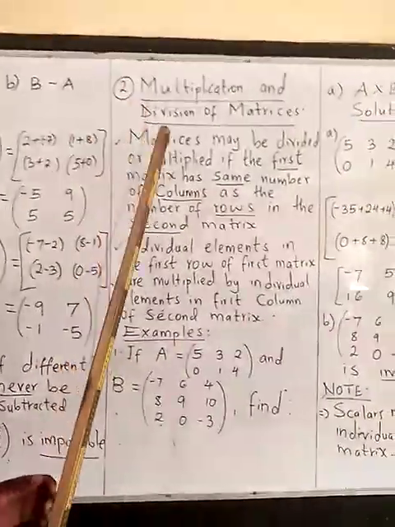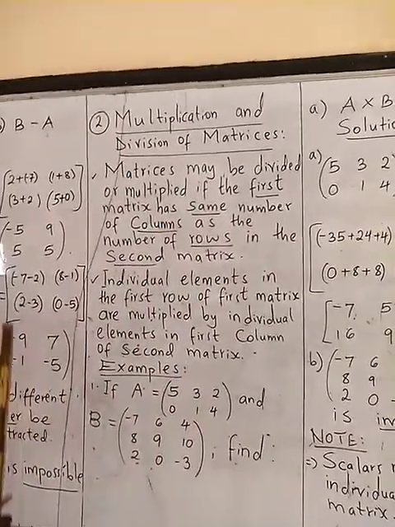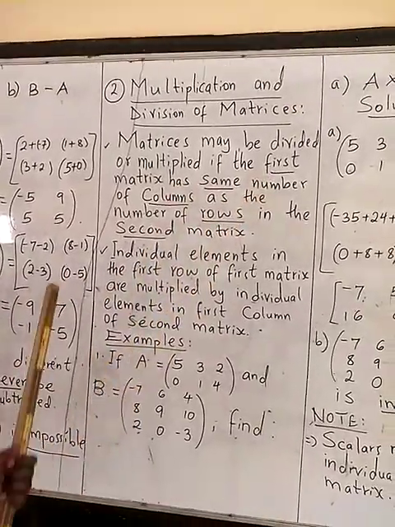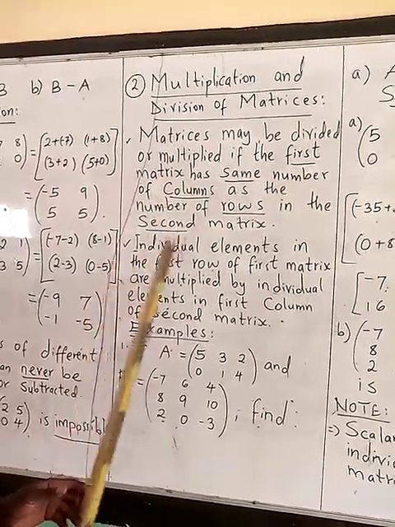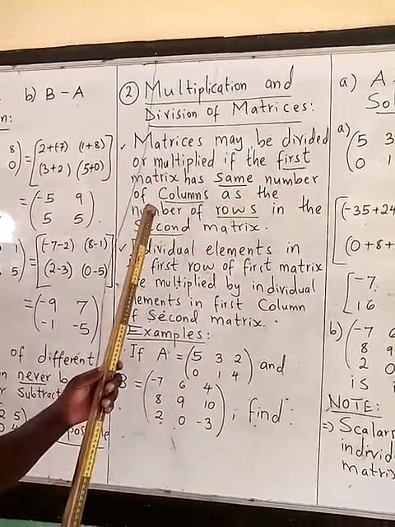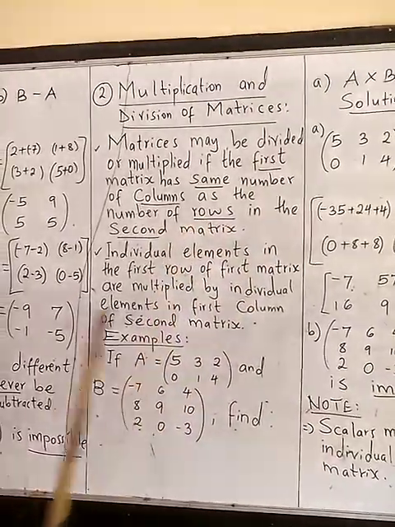Now for multiplication and division of matrices, again, we must know that matrices may be divided or multiplied if the first matrix has the same number of columns as the number of rows in the second matrix.